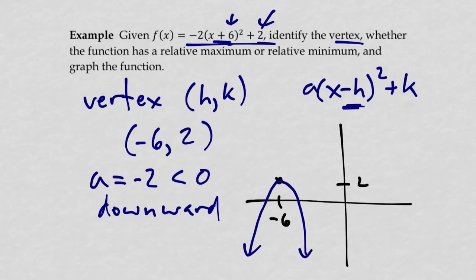We could plug in a few more x values and find corresponding y values to create a better, more detailed graph. But it's often enough just to find the vertex and the direction of the graph to get a general sense of what the function looks like.